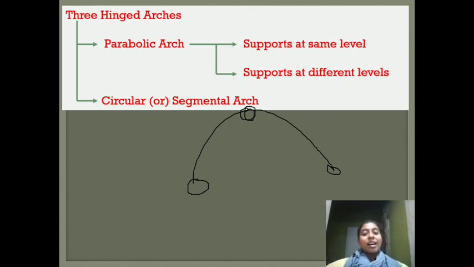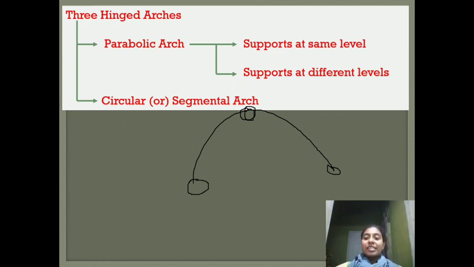For a parabolic arch, the shape of the arch will be like a parabola. Circular arch: when you extend the arch, it forms a circle. It is also known as a segmental arch because it forms a part of a circle.